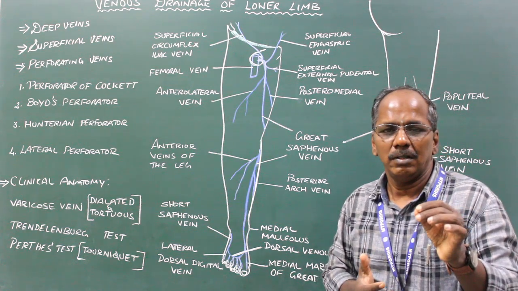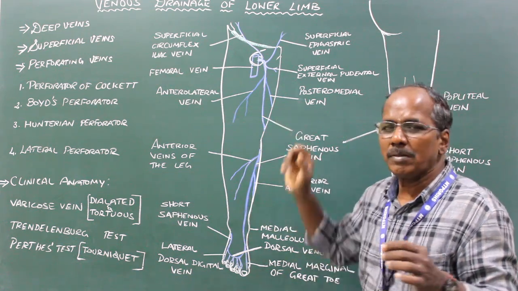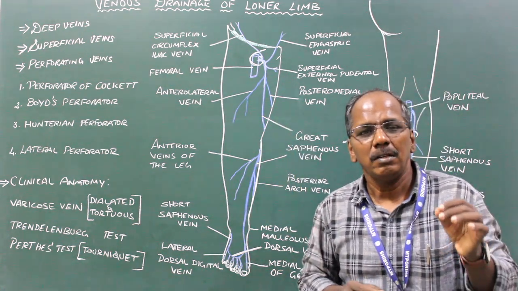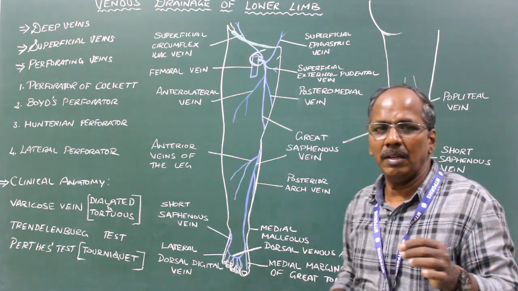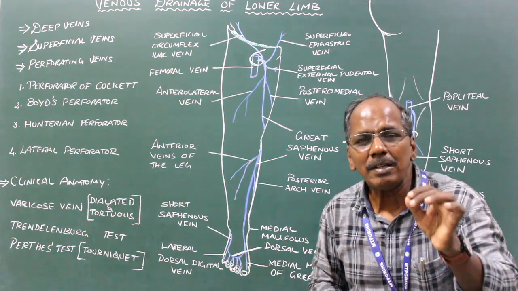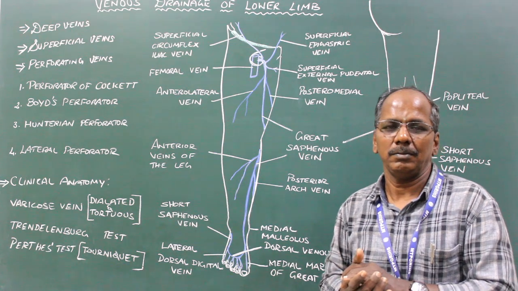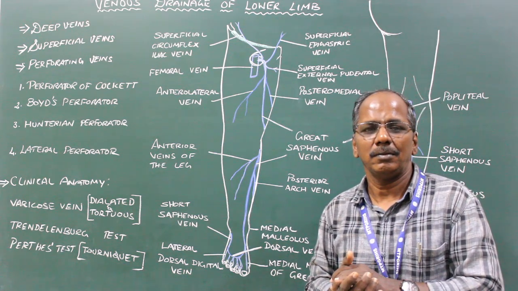Else, it will result in gradual filling of the superficial veins, and you can see the varicosity in the superficial veins, which shows that there is incompetency in the valves of the perforating veins. Thank you.